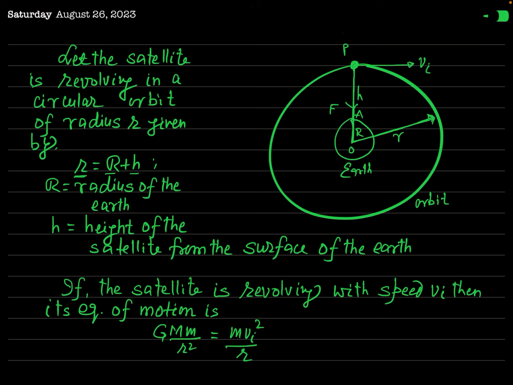So here actually our satellite, which we consider is of mass small m, is attracted gravitationally by the earth. If you consider that capital M is the mass of the earth, then the gravitational force acting on this satellite due to the earth will be what?